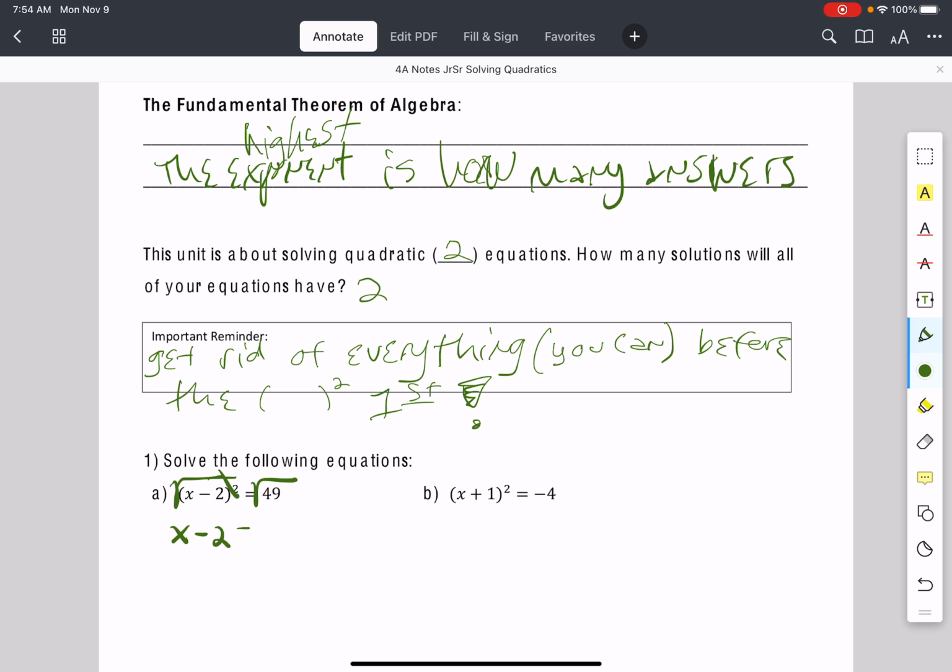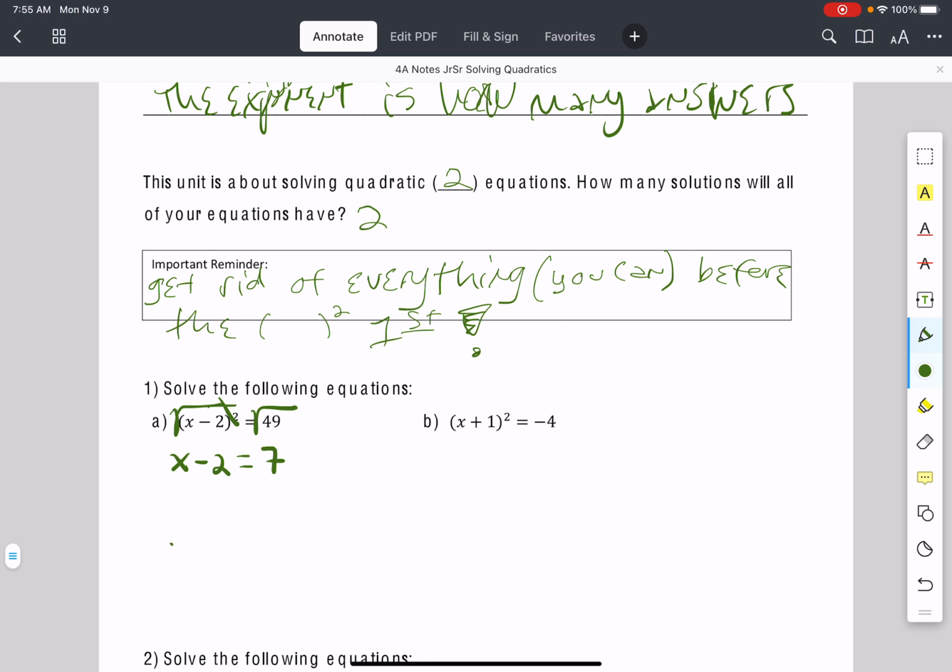Now the x minus 2 is left alone completely because it canceled with the squared here. What's the square root of 49? 7? Only 7? 7 and negative 7. So that means to get our two answers, we have two equations to solve.